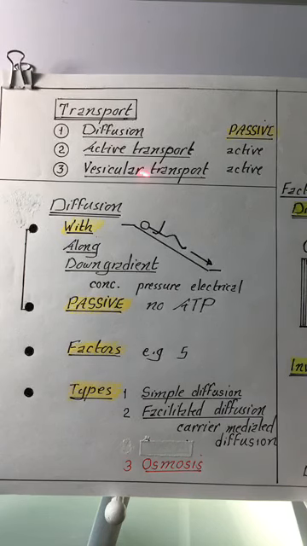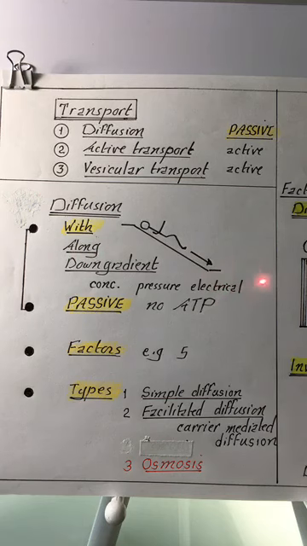One may ask me, what do you mean by gradient? For solutes, they diffuse down concentration gradient. For gases, down pressure gradient. For ions, when a positive ion attracts a negative ion or the reverse, this is electrical gradient.